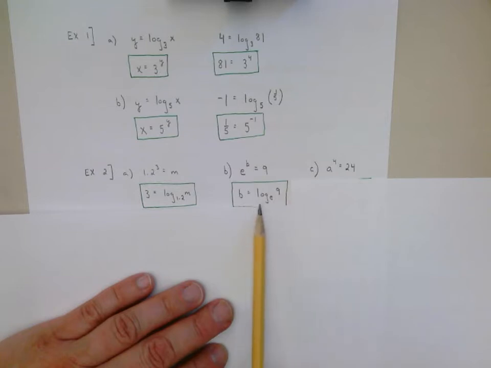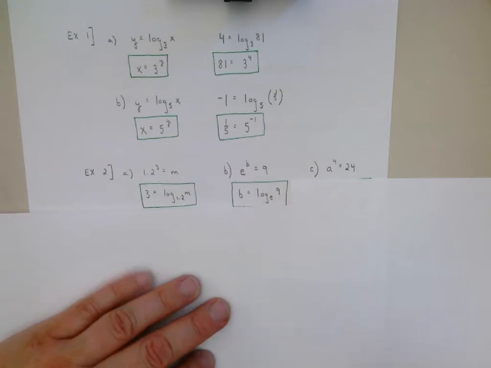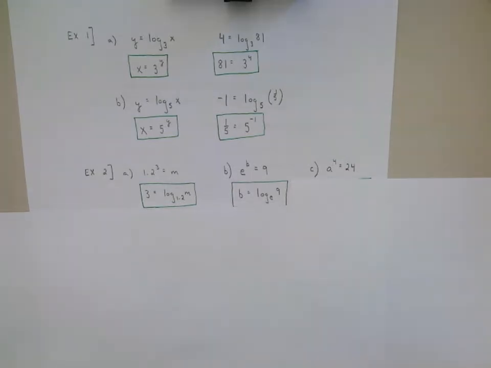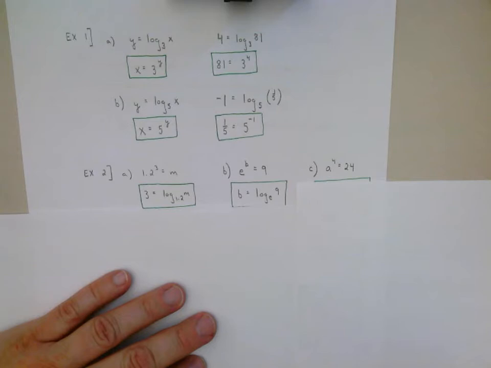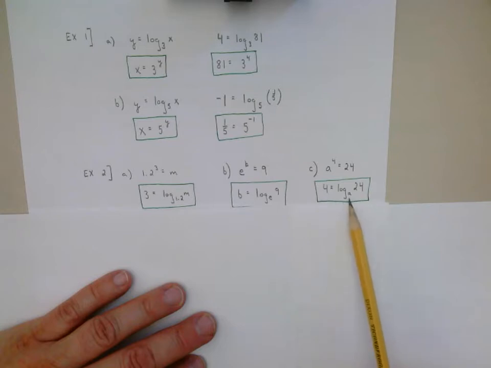Some of you know a shortcut for writing a logarithm whose base is e. We will talk about that soon, but not right now. Checking example C, 4 equals log base a of 24, because 4 is the exponent that one would write on the base a to make the power equal 24.